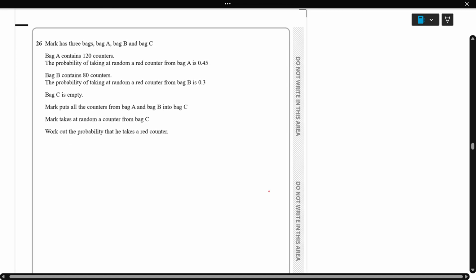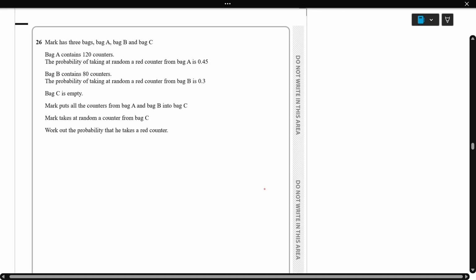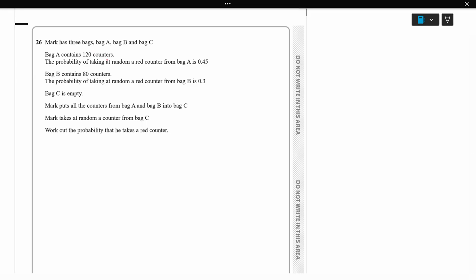Next, question number 26. Mark has 3 bags: bag A, bag B and bag C. Bag A contains 120 counters. The probability of taking a red counter at random from the bag is 0.45. Bag B has 80 counters, and the probability of taking a red counter is 0.3. Bag C is empty. Mark puts all the counters from bag A and bag B into bag C. Now he takes a random counter from bag C. Work out the probability that it is a red counter.